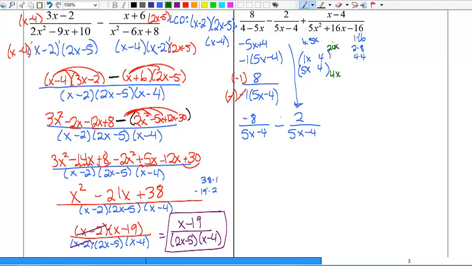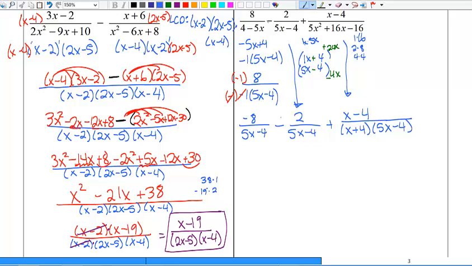With one of each sign, I can get to 16 with a positive on the 20 and a negative on the 4. So I'm going to bring that down here to be x minus 4, same on the top, and the denominator is going to factor into x plus 4, 5x minus 4.